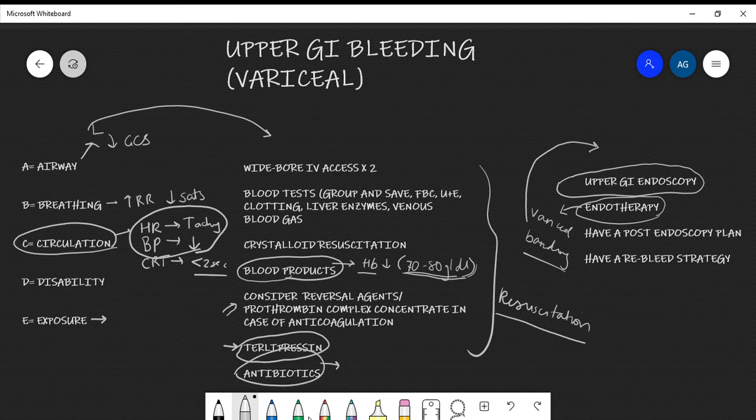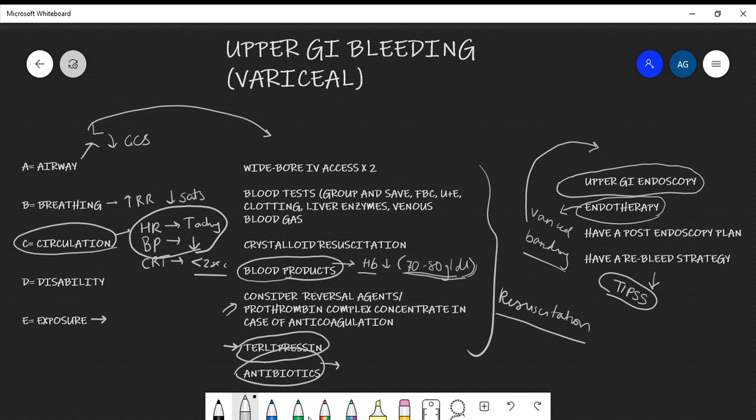If the patient does have a rebleed, one of the options that might have to be considered in a massive variceal bleed is something called TIPS. TIPS is a procedure where a portosystemic shunt is made via a percutaneous approach.